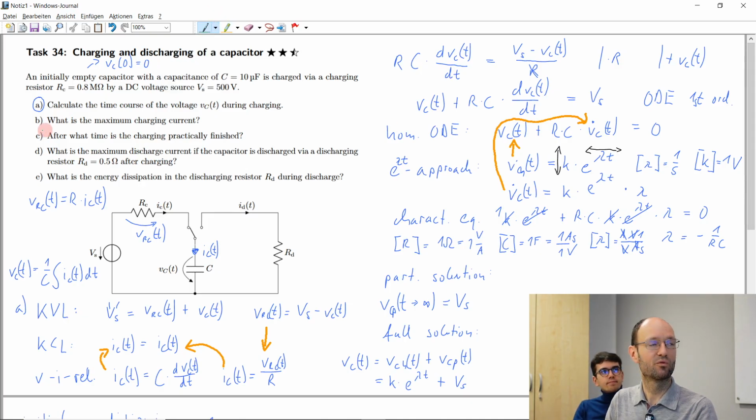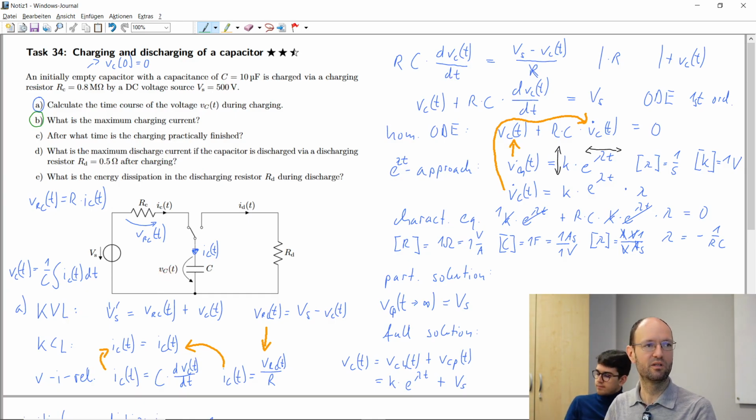and take a look at what is the maximum charging current. So any ideas to solve this or to have an approach for this? When does this charging current here is maximum? Should be at t0.